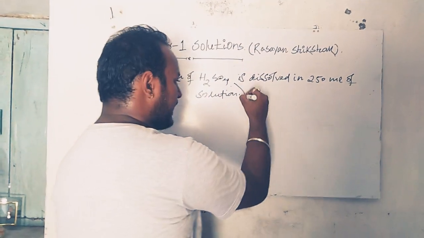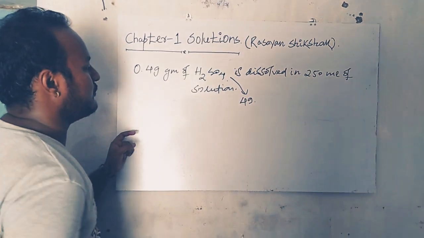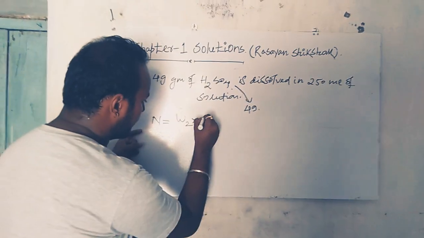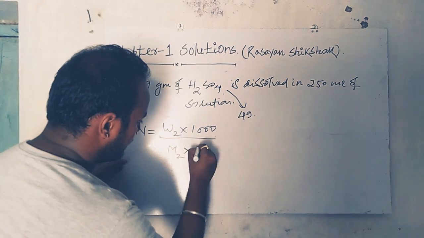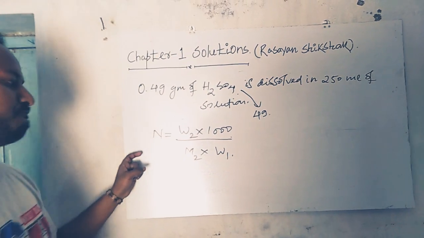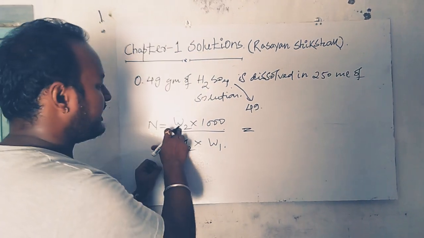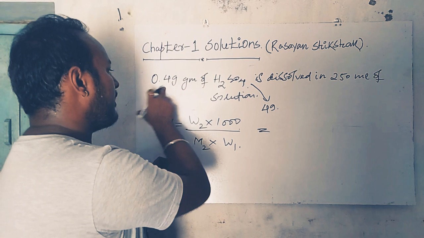The equivalent mass was 49 for H2SO4, and the formula for normality is again W2 into 1000 by M2 into W1. So in place of W2, you have to place the amount of solute.